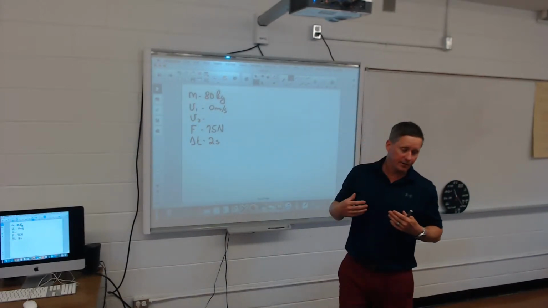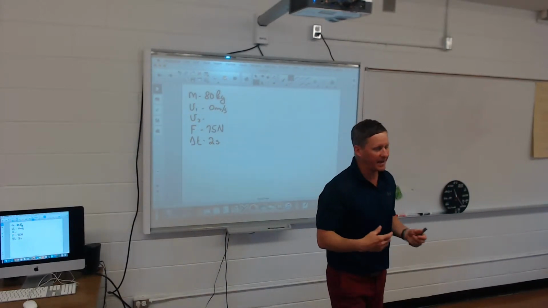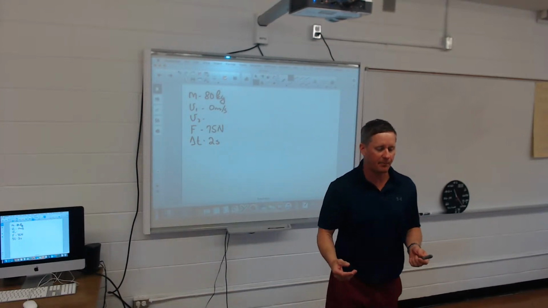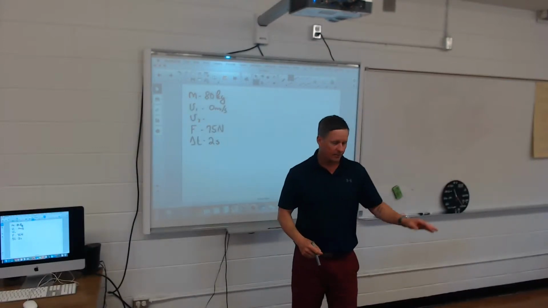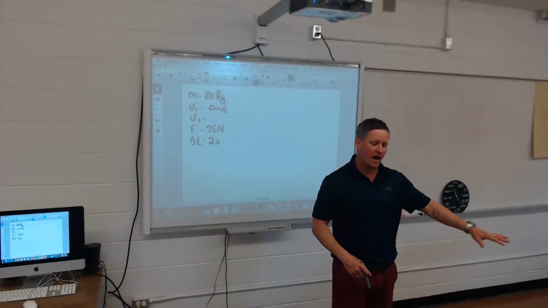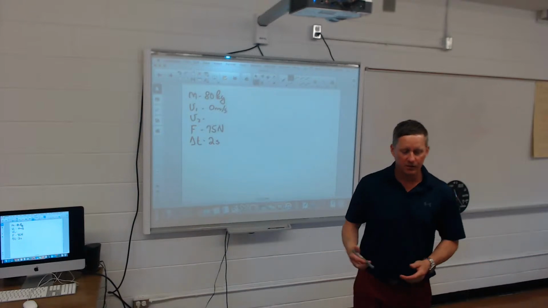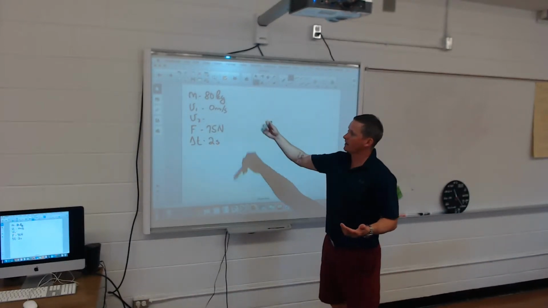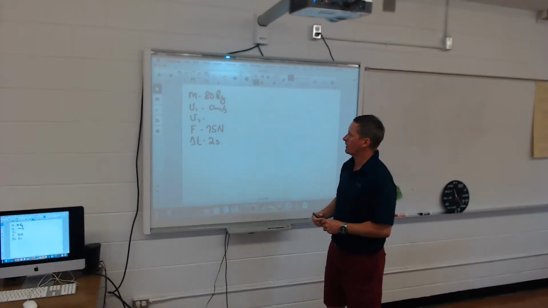The question we always struggled with was the skateboard one, where you had to propel the skateboard and then it glided for 1.5 meters. This is going to be a little bit easier than that question was.